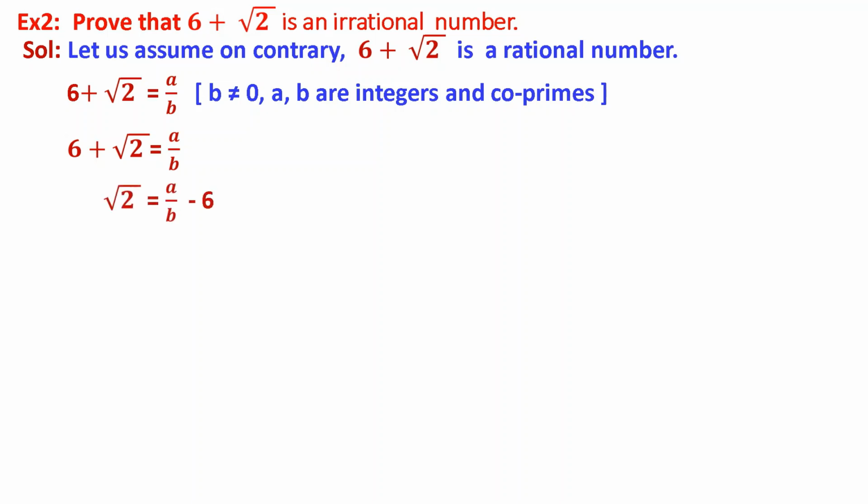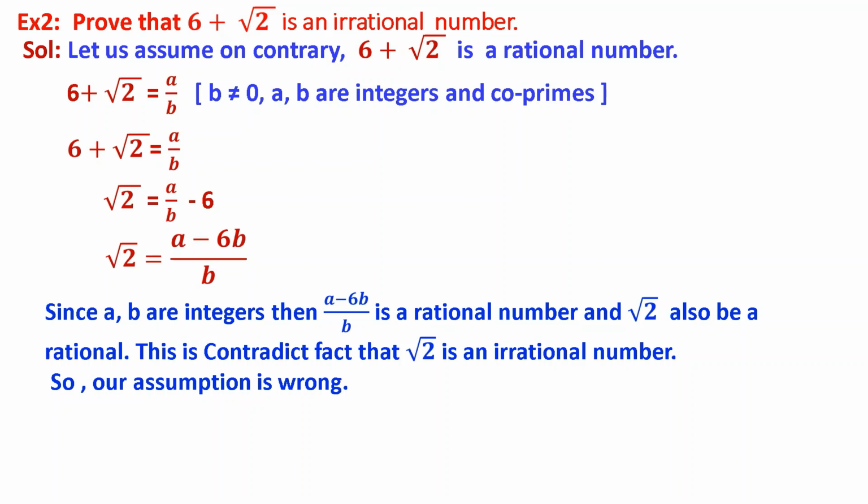Now by transforming 6 to the right side, we get root 2 is equal to a by b minus 6. By simplifying, we get root 2 is equal to a minus 6b by b.